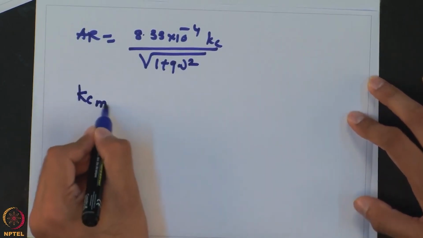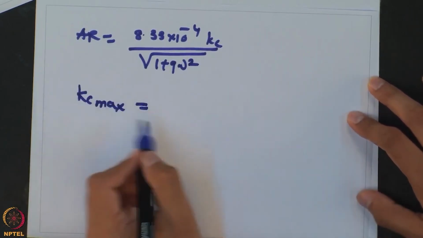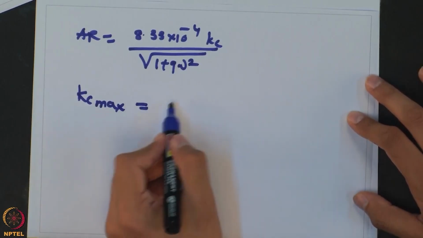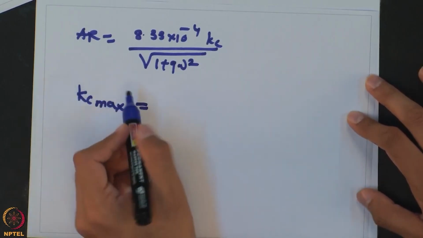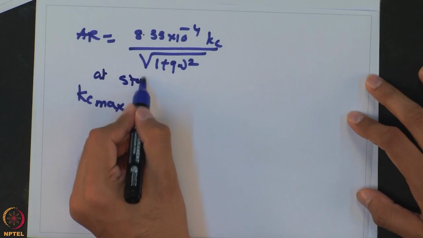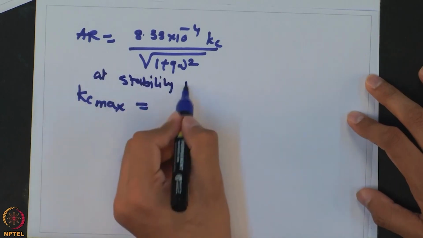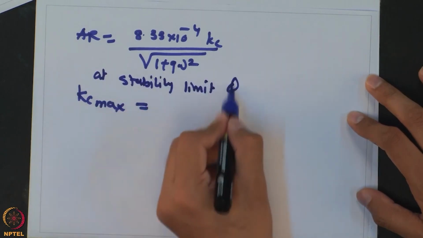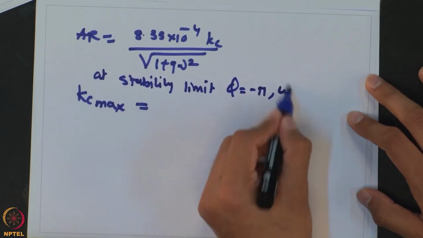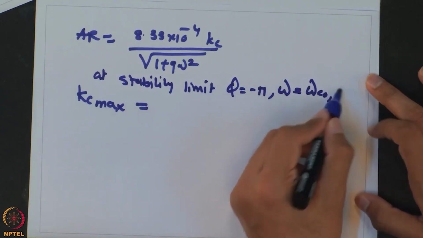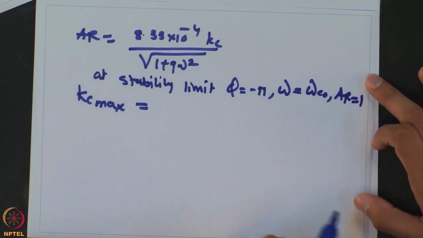So, Kc max will be given by, at stability limit, phi is equal to minus pi, omega is equal to omega crossover, AR should be equal to 1.